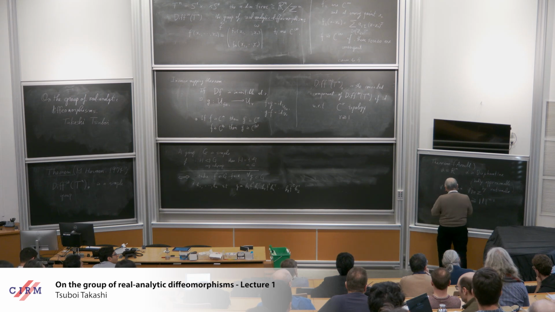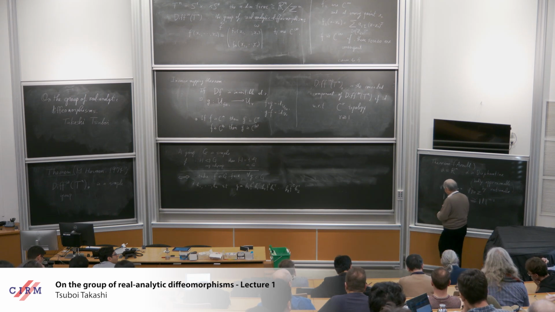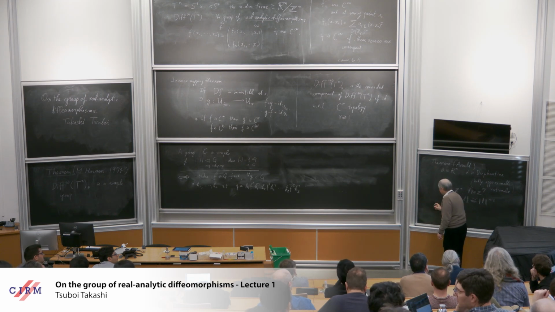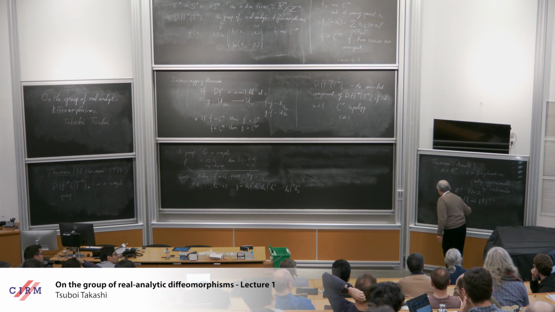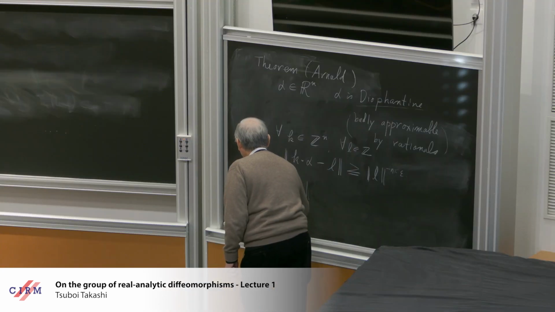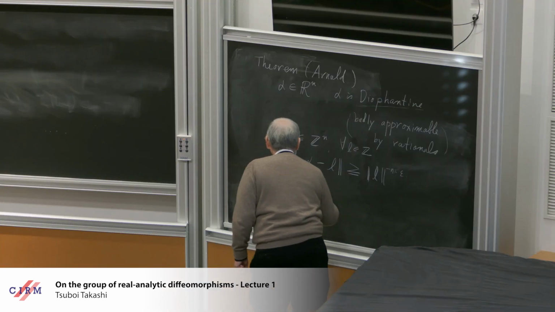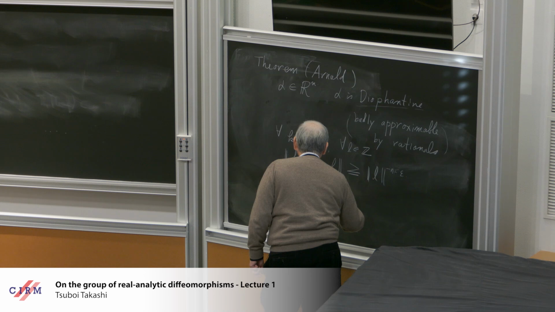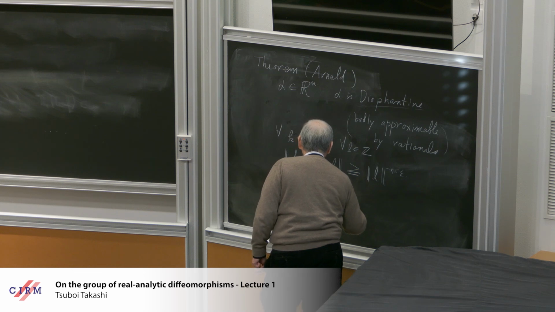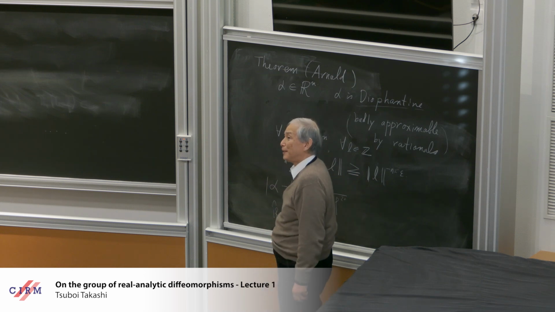In the low dimensional case, I want to write something like p over q, if it is real, is bigger than p to the 2 or 3, some power plus epsilon or something.